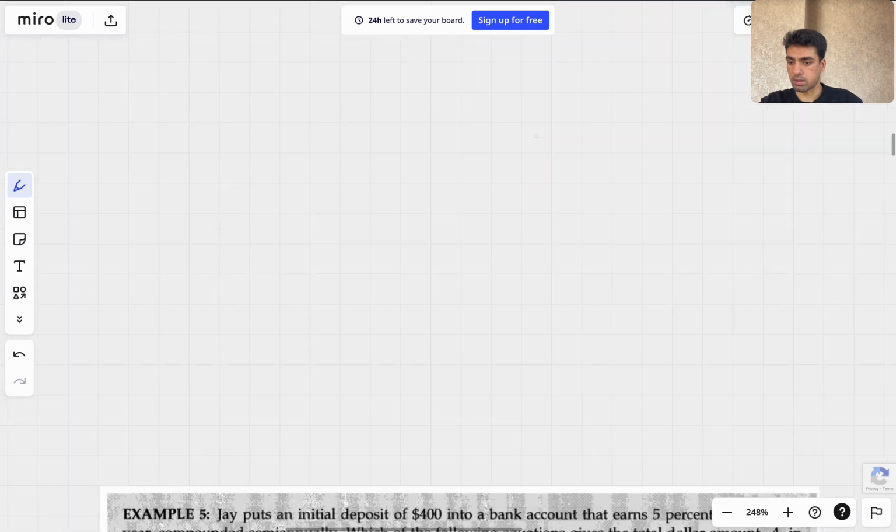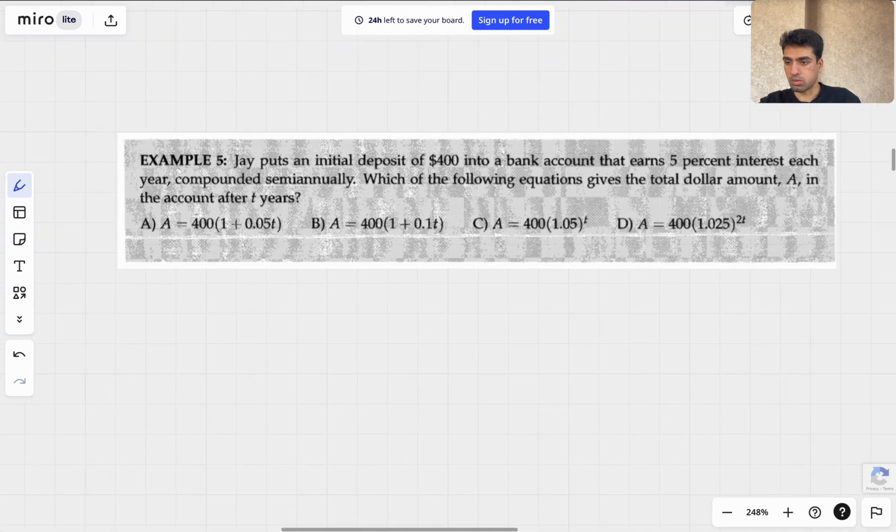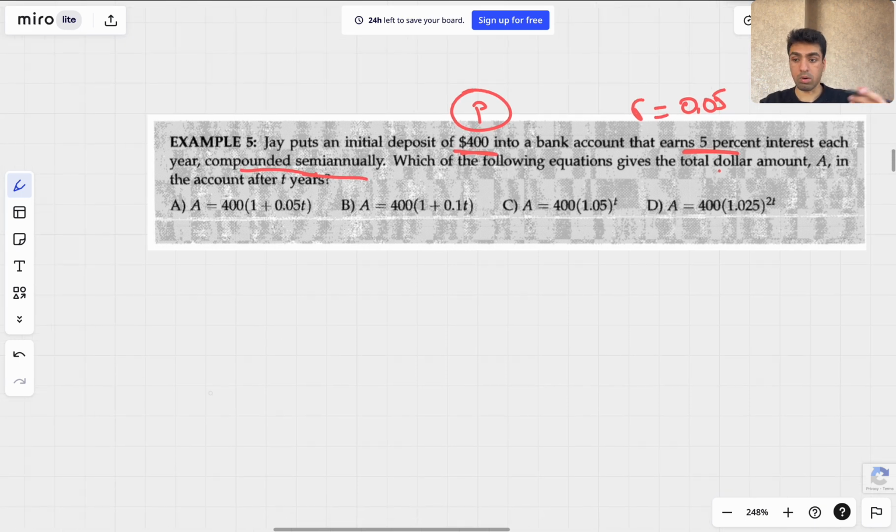All right, next. It says J puts an initial deposit of $400 into a bank, so that's P. It earns 5%, which you can write as 0.05, that's R. Each year compounded semi-annually, so it's not every year, it's semi-annually, which means every half a year, every 6 months, or 2 times per year.